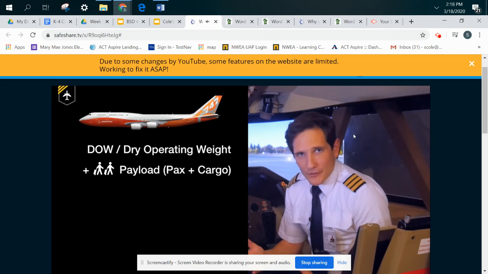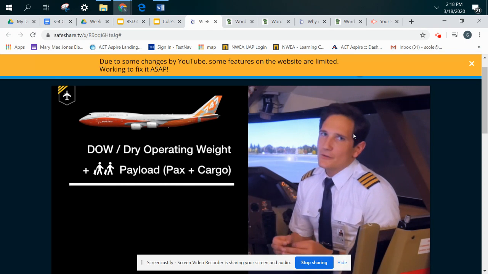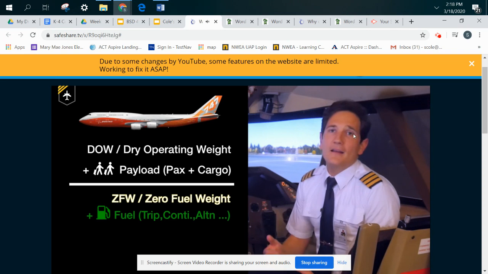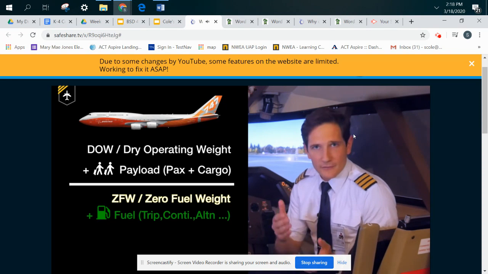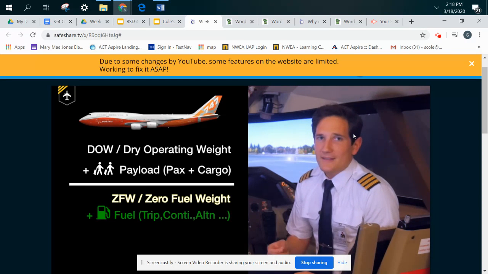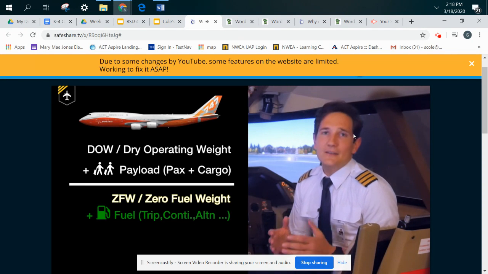Then the payload comes on board, this is the passengers and the cargo, and then you have the so-called zero fuel weight. Then the fuel truck connects to the wing and fuels the plane with the calculated fuel to reach your destination, the so-called trip fuel, plus contingency, plus alternate, final reserve, and taxi fuel, or better known as the block fuel.